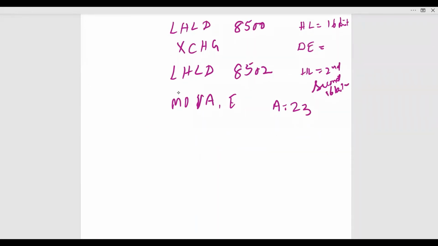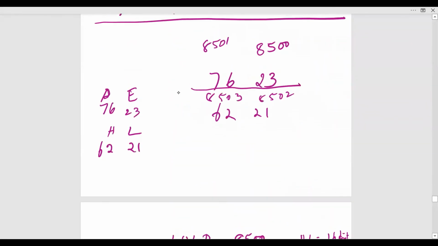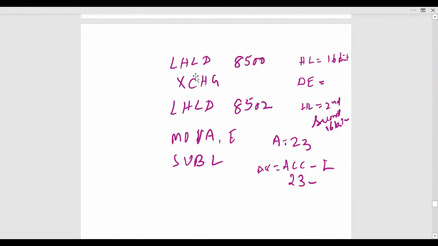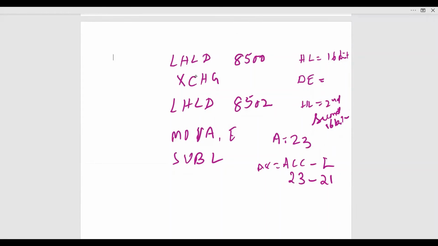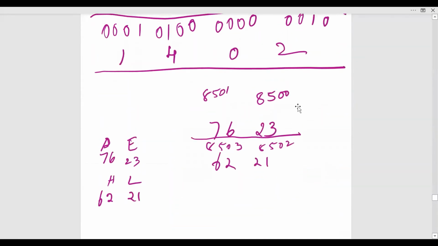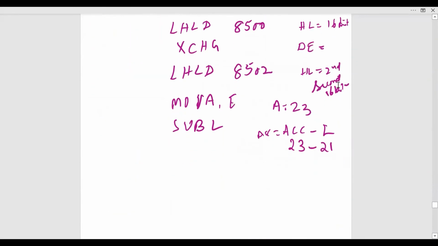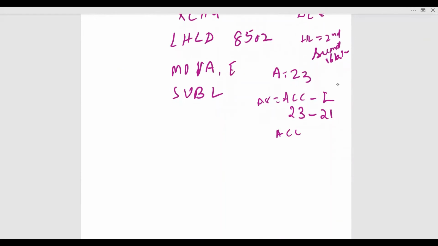Now directly you can write SUB L. SUB L subtracts the contents of L from the contents of the accumulator and stores the result in the accumulator. So the accumulator consists of 23 and L consists of the lower byte of the second number, 21, and the result will be placed in the accumulator. So the result you have seen is 02. Now the accumulator consists of 02.